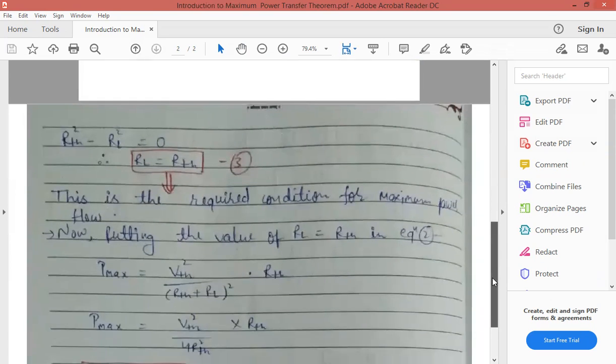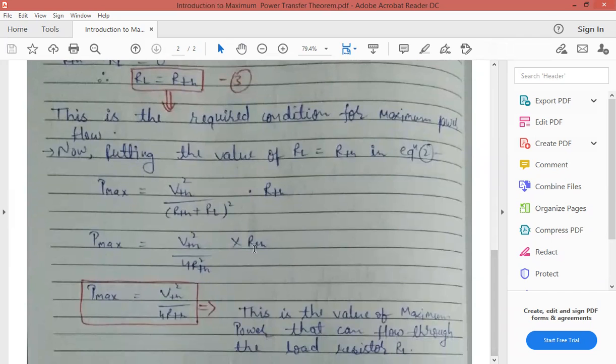Then we get VTH square upon RTH plus RTH whole square into RTH. So RTH plus RTH will be 2 RTH whole square, which equals 4 RTH square.